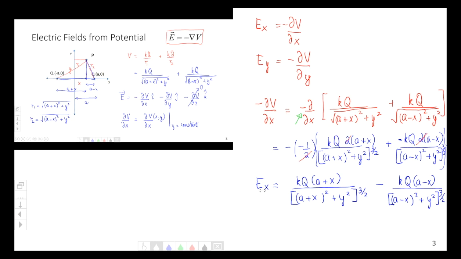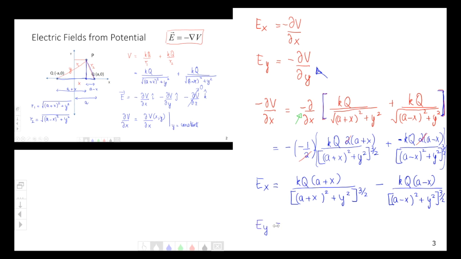We can do something very similar with the y component of the electric field, which is the partial derivative of this function v, which is in the square brackets here, with respect to y. It will look very similar to what we have relative to x. The only difference will be when we take the derivative of the term under the radical, we don't pick up a negative sign for the second term because the dependence on y for both the terms in the sum is identical.